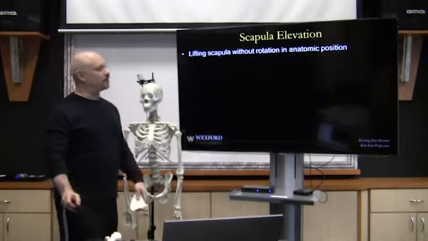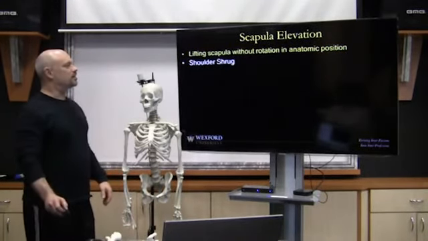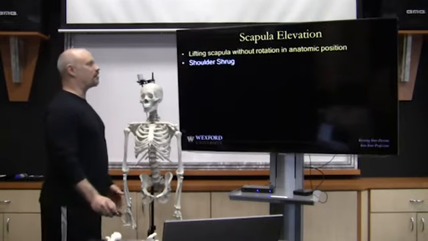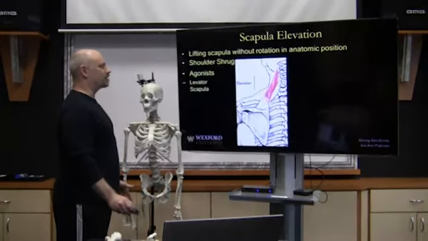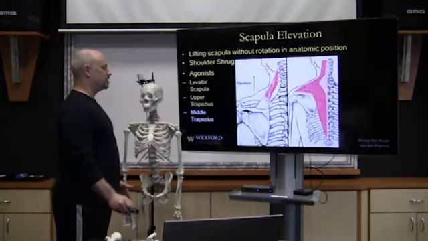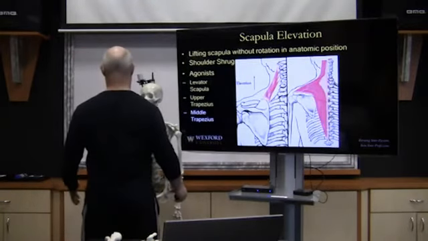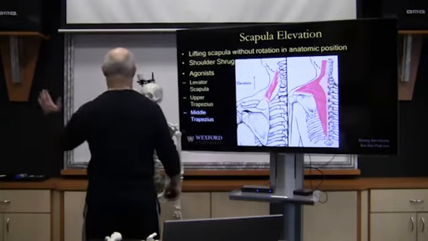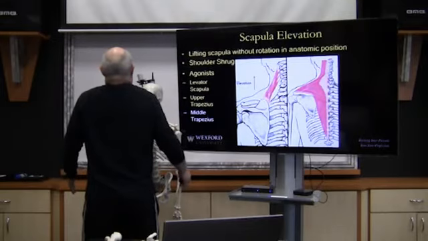Now, how do you lift the scapula without that rotation, in the anatomical position? Let's look at a shoulder shrug. The agonists there are the levator scapulae, the upper trapezius, and the middle trapezius too. We're in the anatomical neutral position, so it's not going to upwardly rotate because our arms aren't going above our head. All we're doing is one action: we're just shrugging our shoulders.